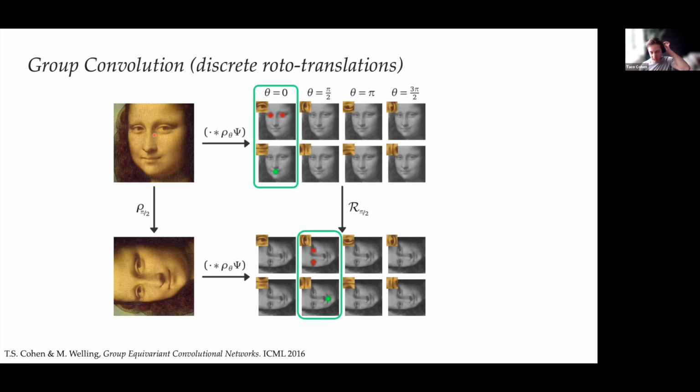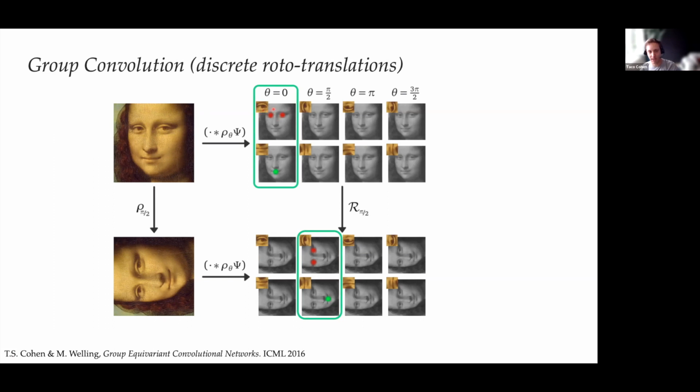The idea is we have an image, and just like in the case of grids and translational convolutions, we can take a filter, say this little patch containing an eye-like pattern, and we can convolve it translationally over our image.